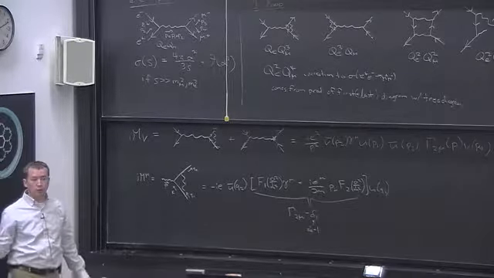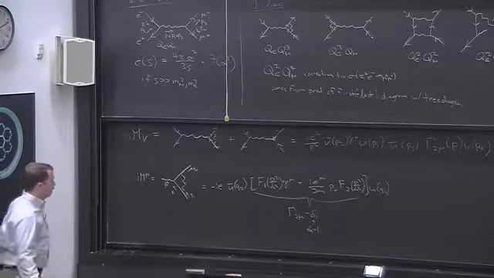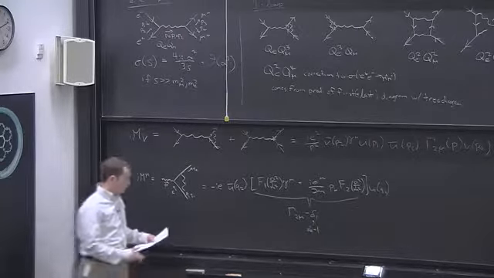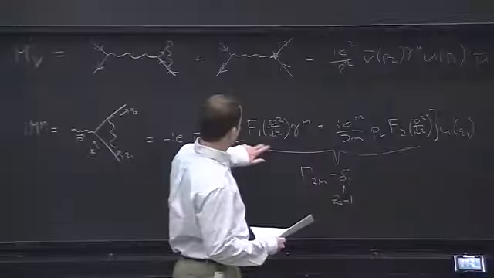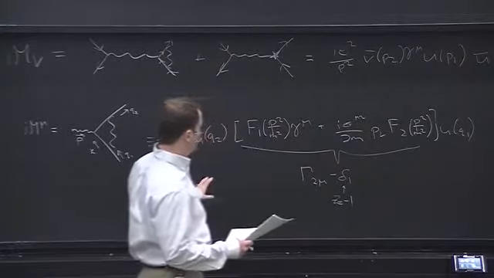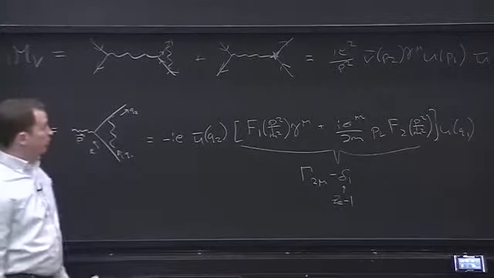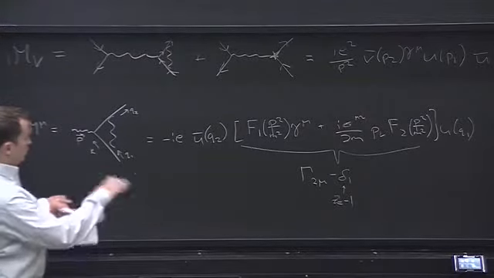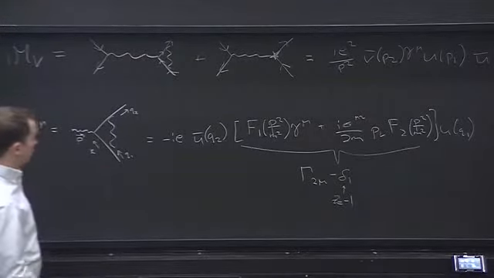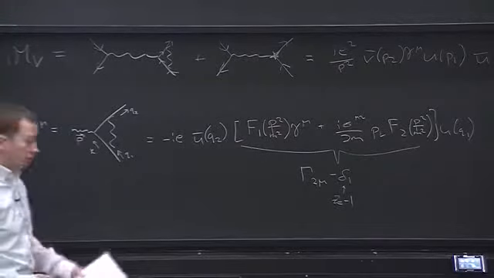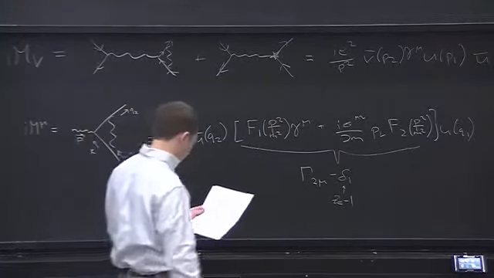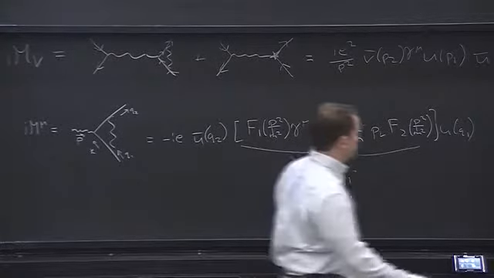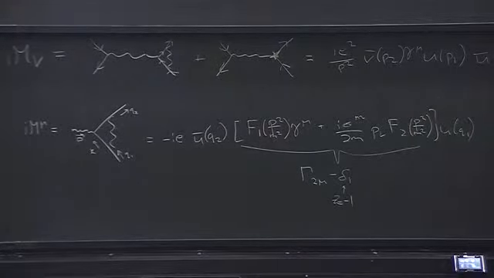So throughout, we're going to look at that limit, where s is much greater than m_mu squared or m_e squared. We calculated general expressions for F1 and F2 yesterday. They involved a lot of terms, but as we'll see just by looking at the expressions in this limit, they will simplify a lot. So we'll get some simple results if we look at the high energy limit.